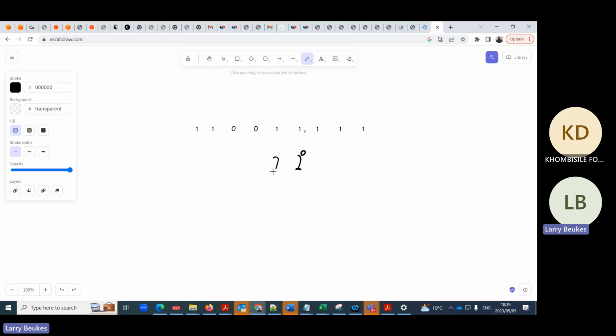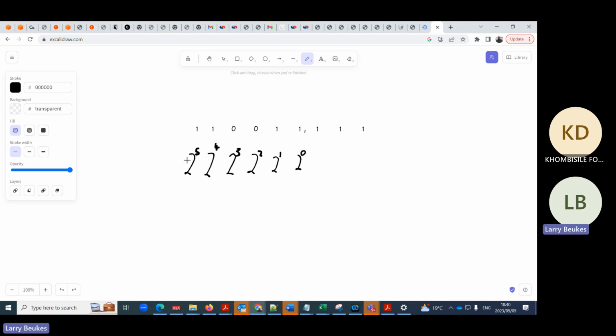Then this is 2 to the power 1, right? So this is everything this side of the comma. Then this is 2 to the power 2, and then this is 2 to the power 3. This is 2 to the power 4, and then this is 2 to the power 5.